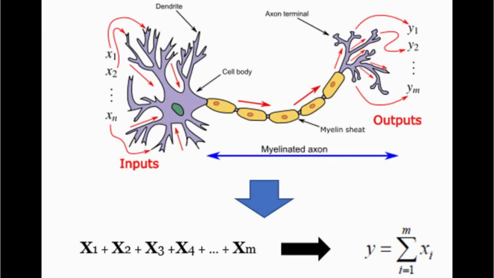So after gaining insight into how the biological neuron operates, people started thinking about how to represent that in a mathematical model. The simplest model is just an addition of the inputs, right? So here we can see that we just add x1 up to xm, and the output is just the sum of those inputs. However, there are some problems with this representation, because since the x's or inputs will always be positive, the mathematical neuron would always fire, instead of having a rule of when it is excited enough to fire.